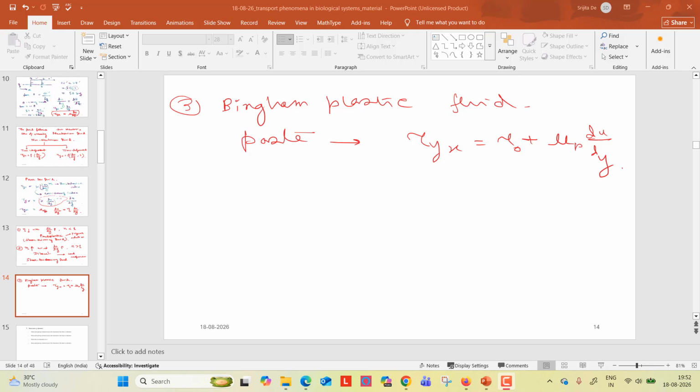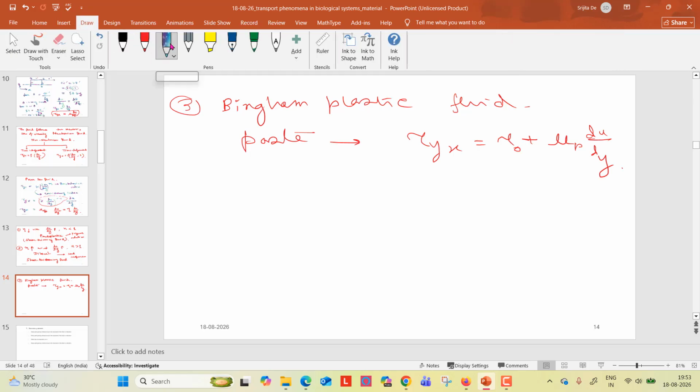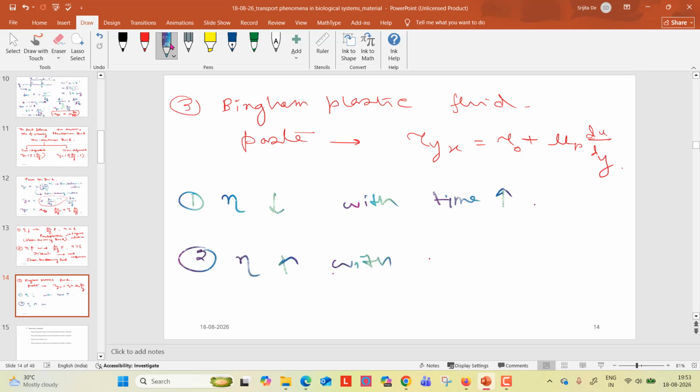And now the time dependent ones. What are the time dependent ones? In the case of time dependent, the first one is where the apparent viscosity decreases with increase in time. And the second one is where the apparent viscosity increases with time t.